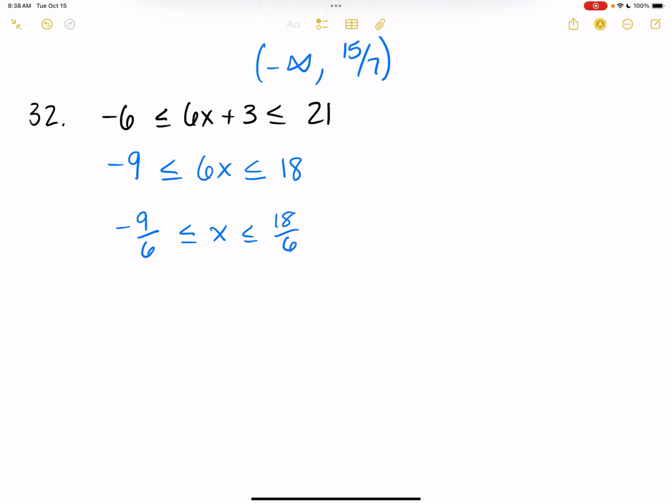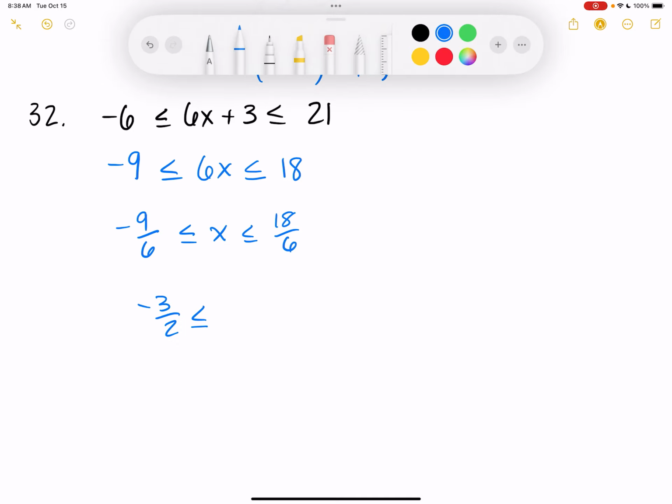So this reduces to negative 3 over 2 is less than or equal to x less than or equal to 3. Then I'm going to bracket off negative 3 halves to 3, because both are or equal to, and x is between those numbers, so the interval is anywhere including those and anything in between.